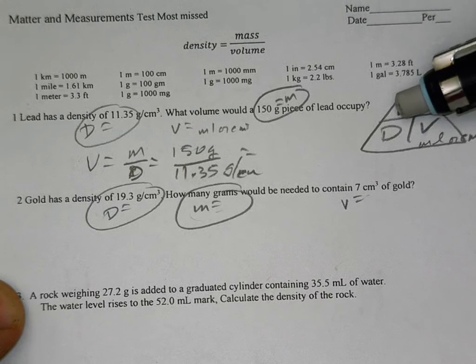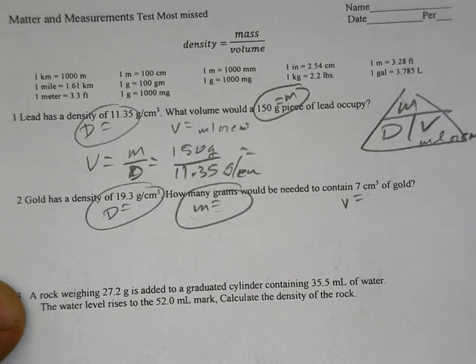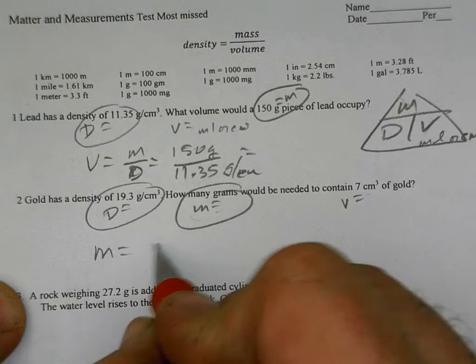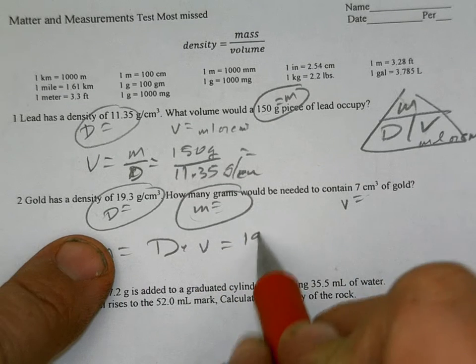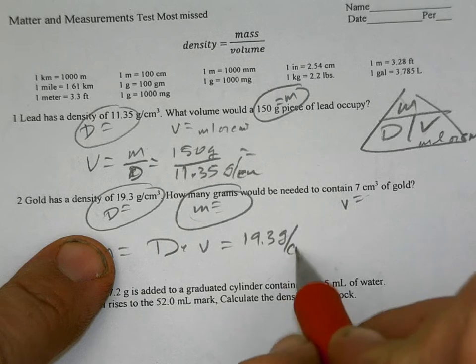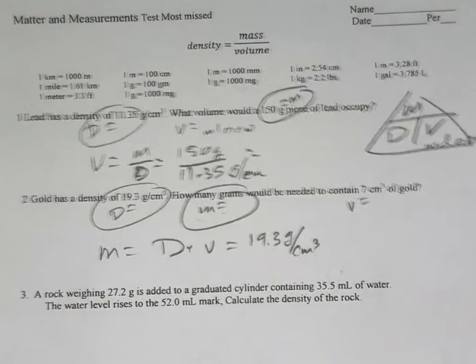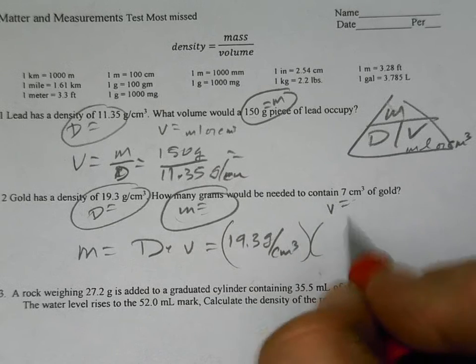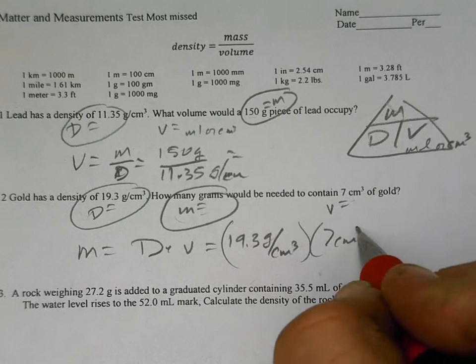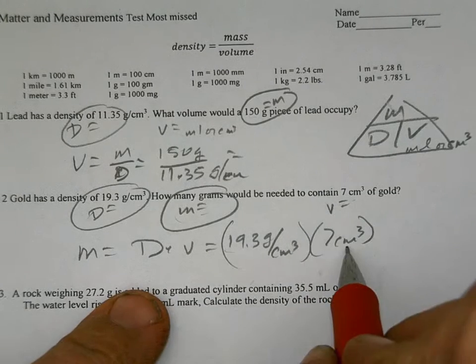So mass equals D times V. Now we're just going to substitute in 19.3 grams per cubic centimeter. The volume is 7 centimeters cubed. You multiply that out.